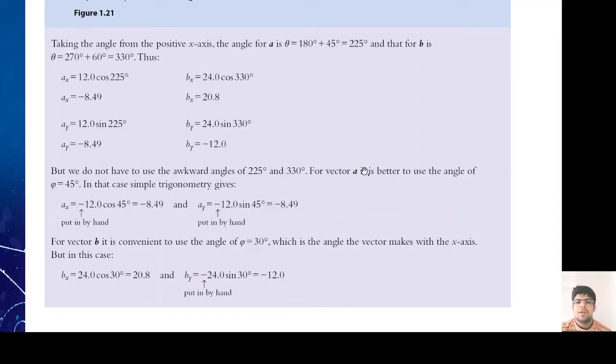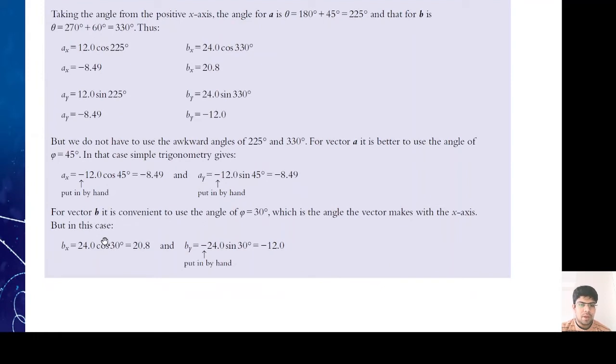For vector A, it is better to use an angle of 45 degrees, and in that case simple trigonometry gives Ax equals minus 12.0 cos 45 degrees, which is minus 8.49, and the Ay component is negative 12 sine 45, which is minus 8.49.